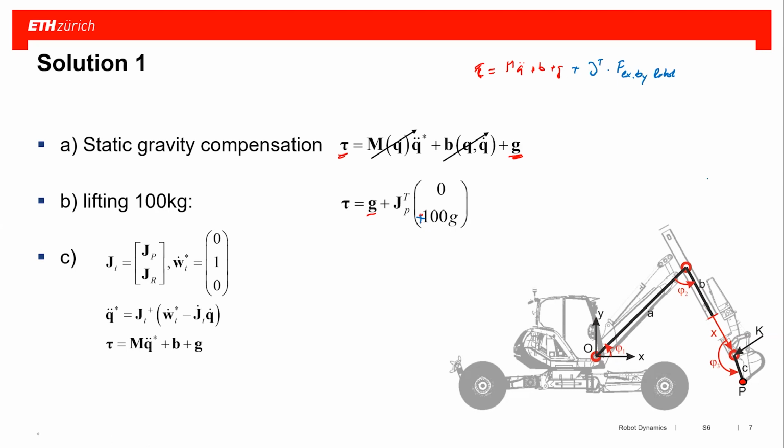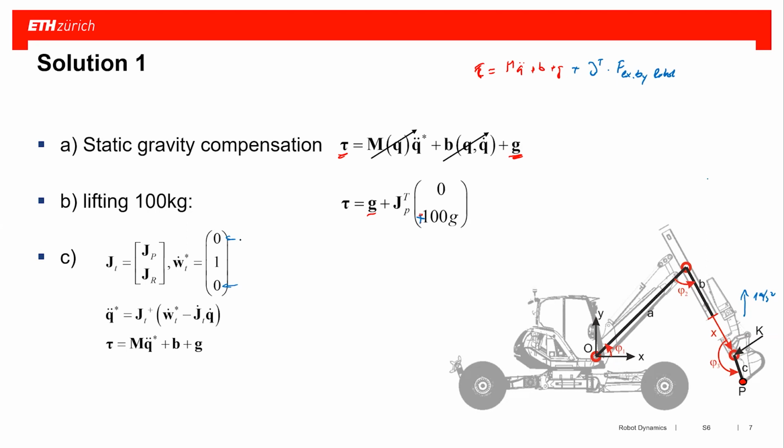We want to accelerate, so we have a desired w dot which points upwards, so we get now a motion. We have 1 meter per second squared that we want to accelerate upwards. We have a 0 rotation acceleration, and we have a 0 acceleration in x direction. This is my desired acceleration.